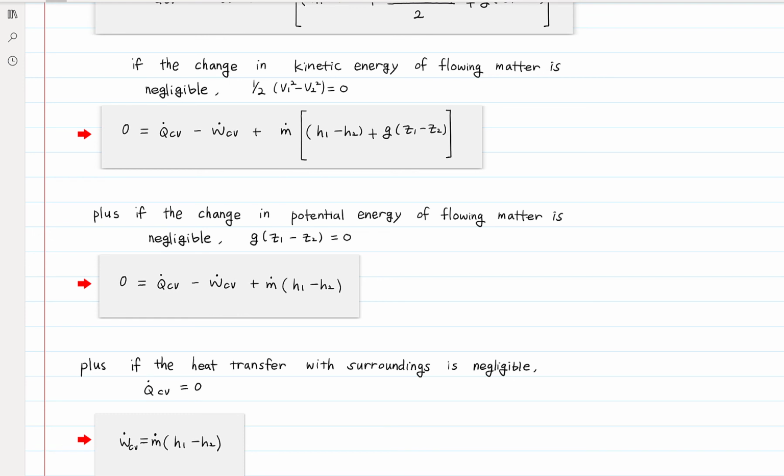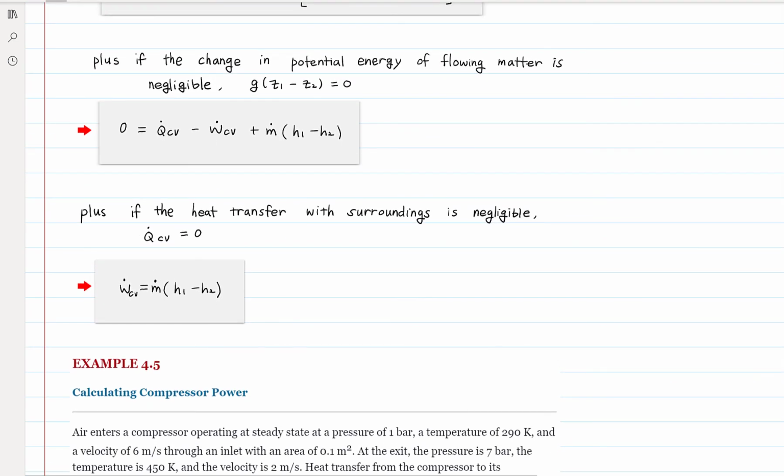If the change in potential energy of flowing matter is negligible, potential energy drops out. If the compressors or pumps are well insulated, there is no heat transfer with the surroundings. So Q dot drops out. And since the compressors and pumps are work-consuming devices, W should be negative.